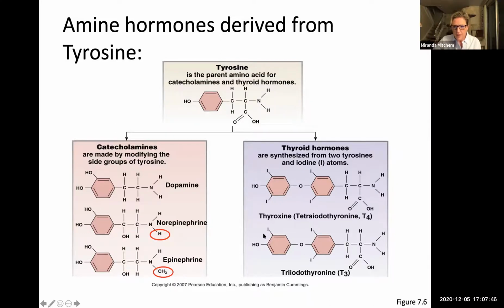So down at the bottom, this is thyroxine, which is called T4 because it's got 4 iodine molecules on it, 2 on each of the tyrosines. And then this bottom one is called triiodothyronine, which is T3 because it's only got 3 iodine molecules associated with it.